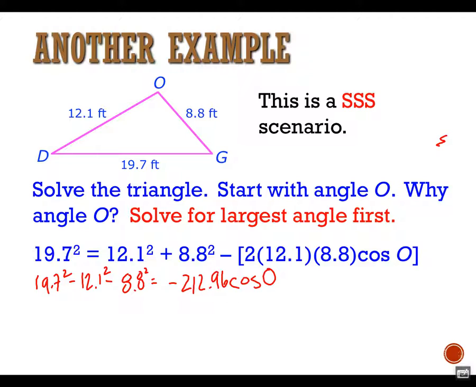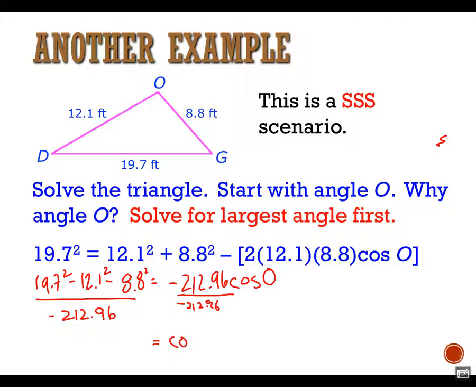Okay, that minus sign is really important. What next? Divide. So take this whole mess and divide it by negative 212.96. And negative 212.96 is going to leave me with that ugliness.